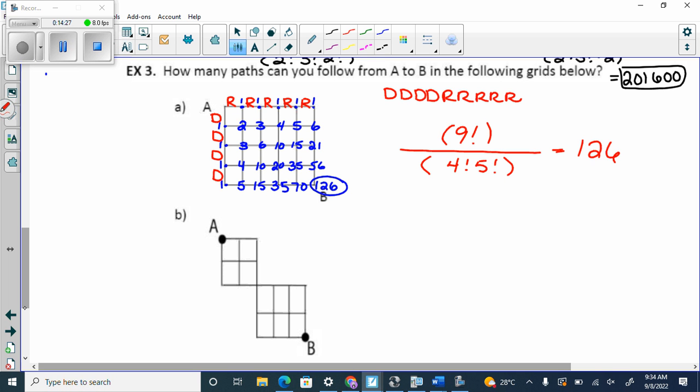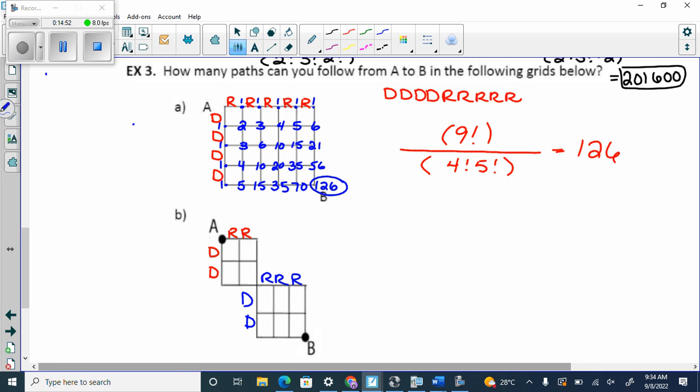So, the next one has two what? Parts, correct? It has two parts. So I'm going to have to calculate that one, and then calculate that one, and then I'm going to have to add or multiply.